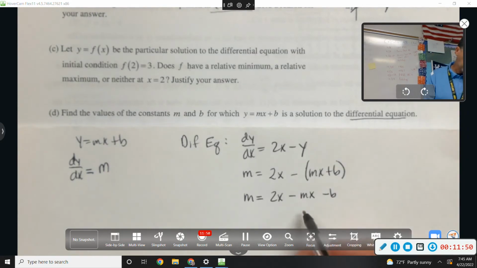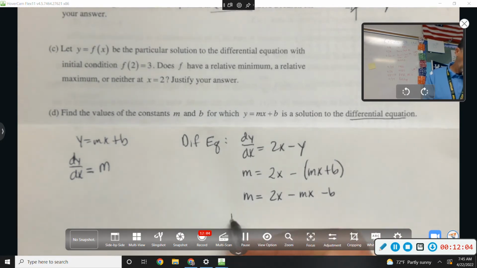Let's see. Trying to separate the variables here.